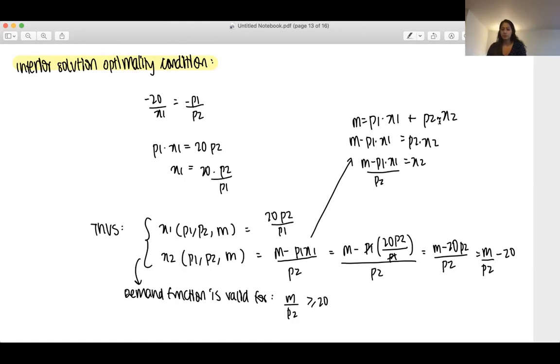I did this in the previous workshops. You have to remember that your income has to equal the price and quantity of one good plus the price and quantity of the other good, or it can be less than that. But in this case, we just equate it.